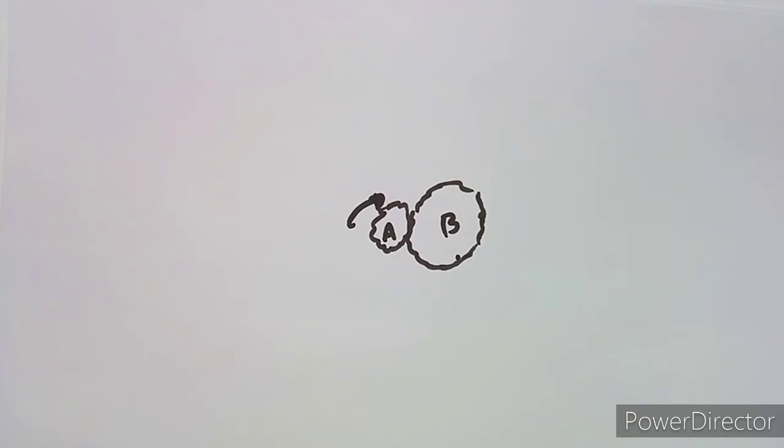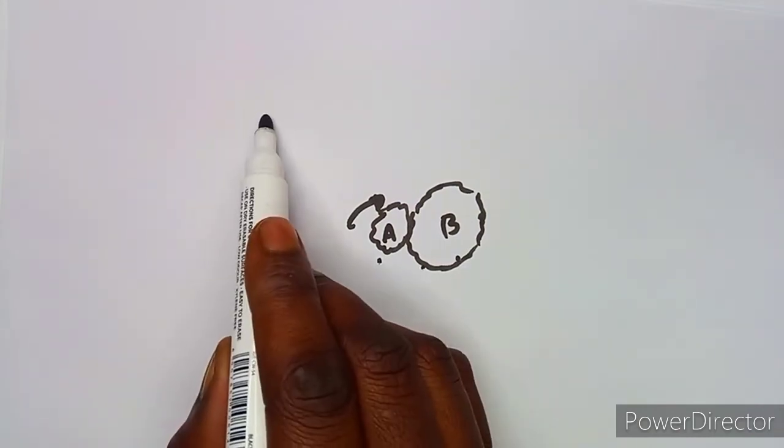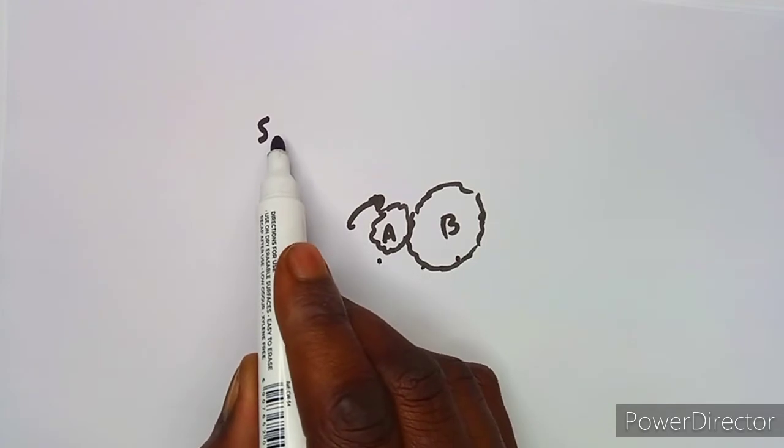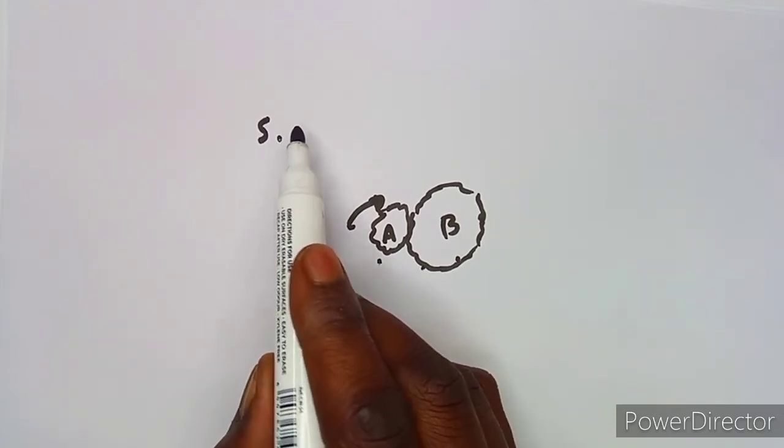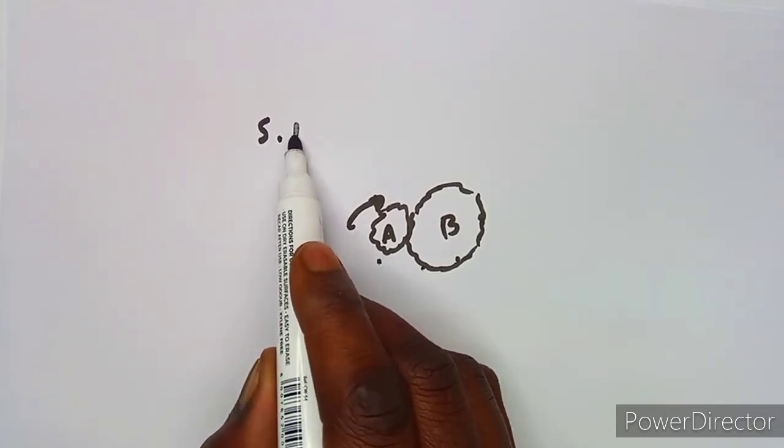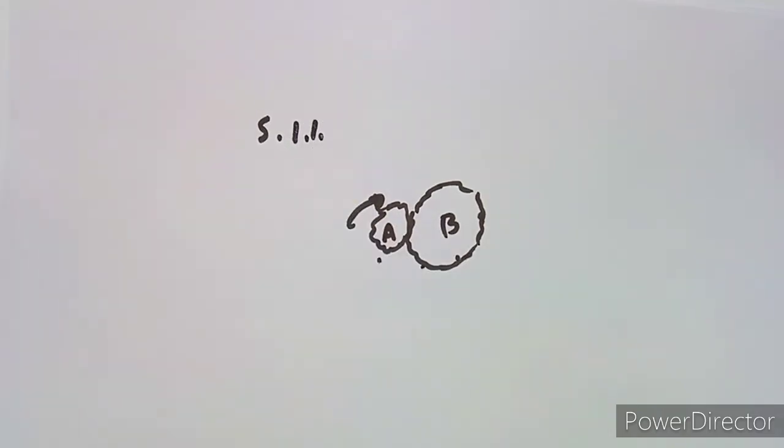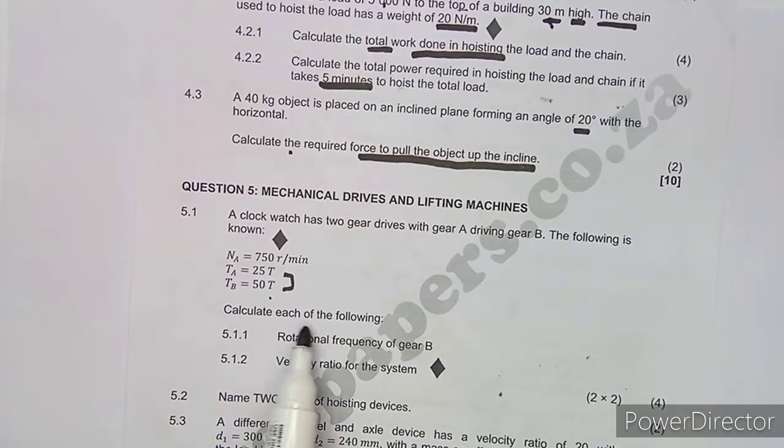We are talking about the driver, which is this one, driving gear B. As long as one is driving another, we can use the relationship of the number of teeth versus the rotational frequency. The question is to calculate the rotational frequency of gear B, so we can use that relationship.